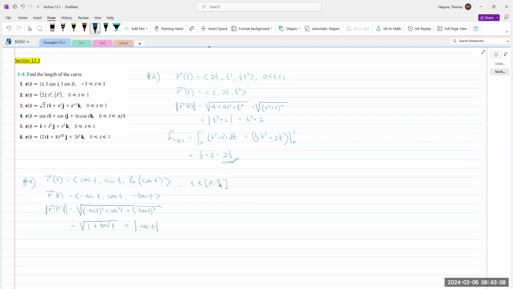However, in this interval, secant t is positive, right? It's in quadrant 1.